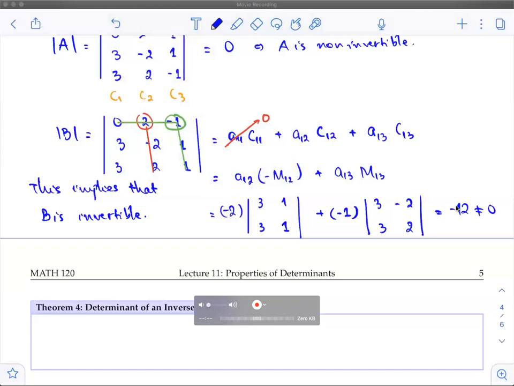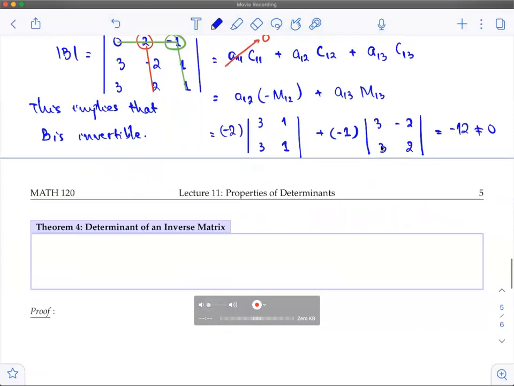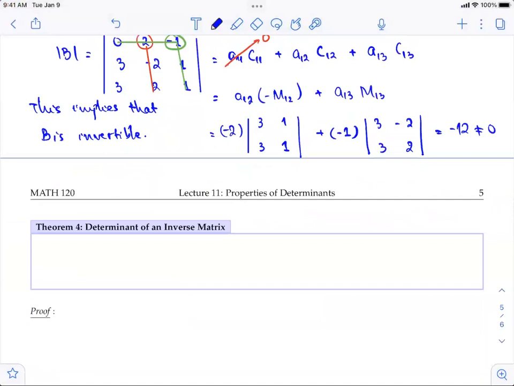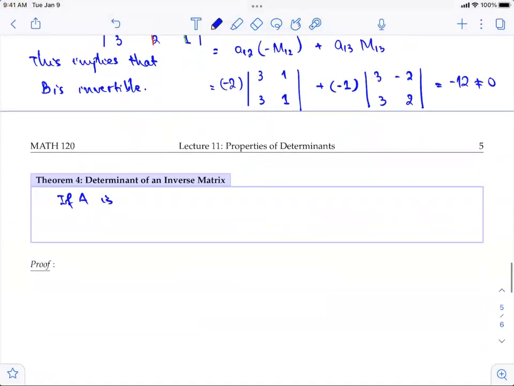Now, if you can find the inverse of a matrix, what is the determinant of the inverse of the matrix? So if A is invertible, then the determinant of the inverse matrix is equal to 1 over the determinant of the original matrix.